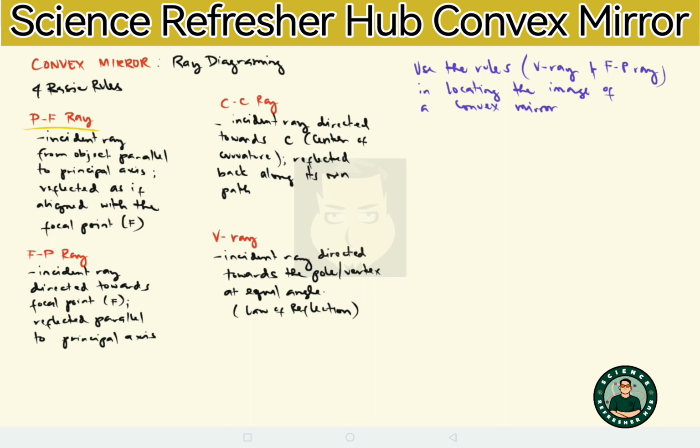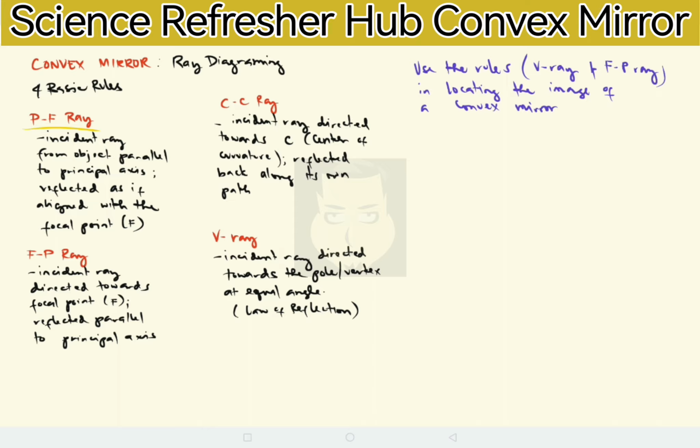We have the FP ray, the focal point or focus and principal axis ray. We have the incident ray directed towards the focal point and then reflected parallel to the principal axis. And then we have the CC ray, incident ray directed towards the C or the center of curvature and reflected back along its own path.